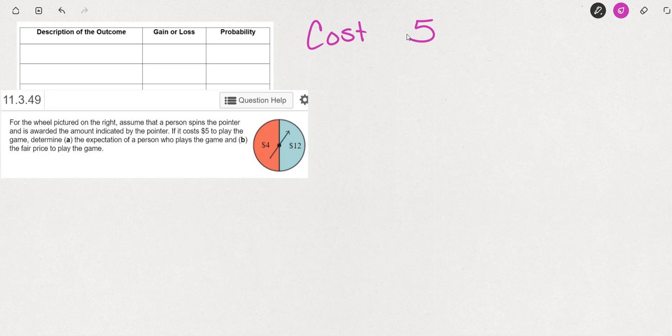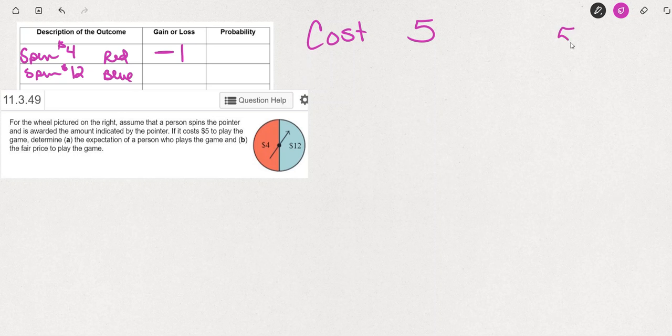So if you play, it looks like there's two possible outcomes. You can spin a $4, the red, or you can spin and it'll land on $12, the blue. So we could describe these as red and blue, or describe them by the amounts, however you want. But when it lands on $4, you're going to lose $1, right?